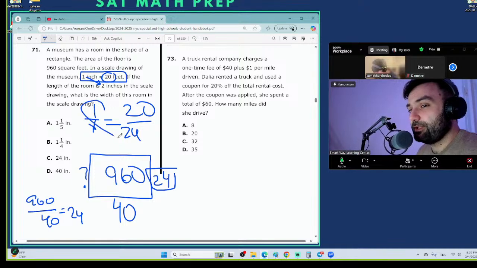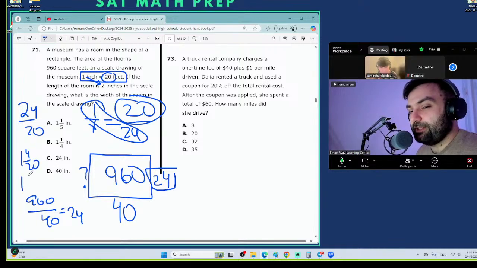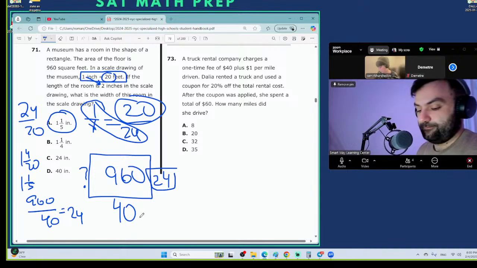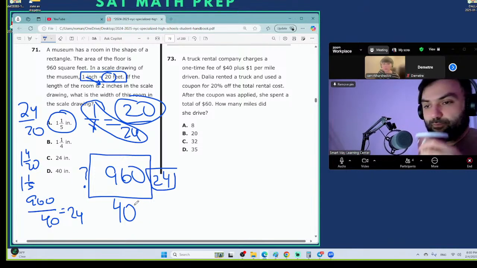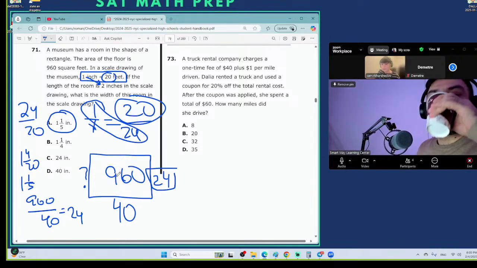It's going to be 1 times 24 divided by 20. So it's 24 over 20, which is 1 and 4/20, which is 1 and 1/5. So 24 was the feet.